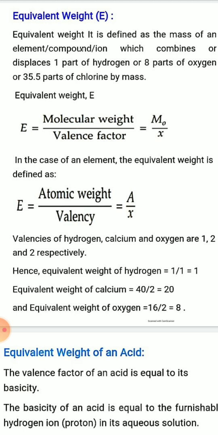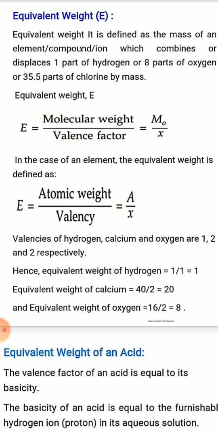Now valency: the valency of hydrogen is 1, calcium is 2, oxygen is 2, aluminum is 3. You have already studied valency in class 7, 8.